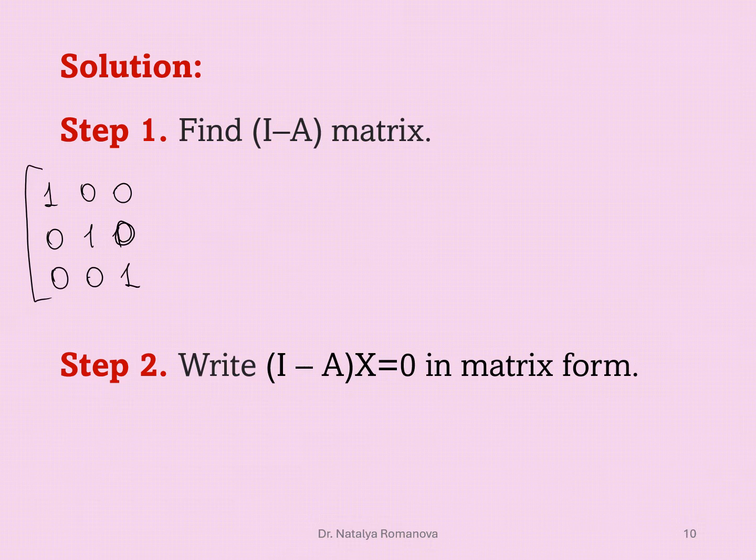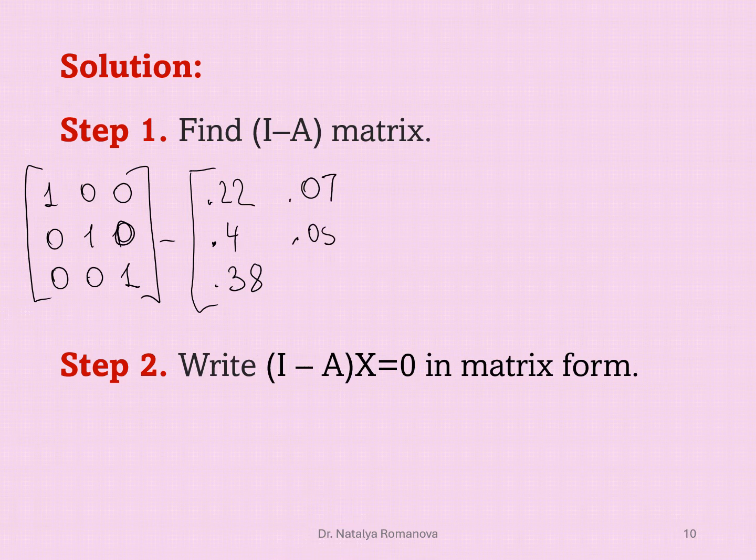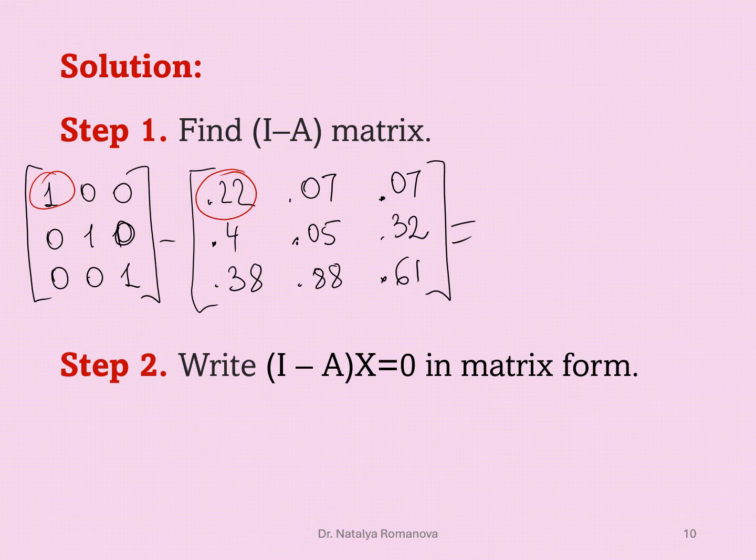It is an identity matrix minus the given input-output matrix. 0.22, 0.4, 0.38, 0.07, 0.05, this point, 0.88, 0.7, 0.32, 0.61.